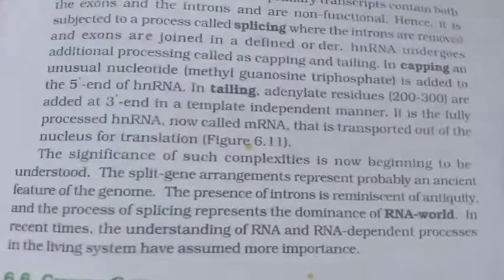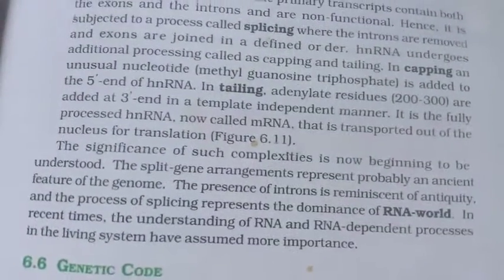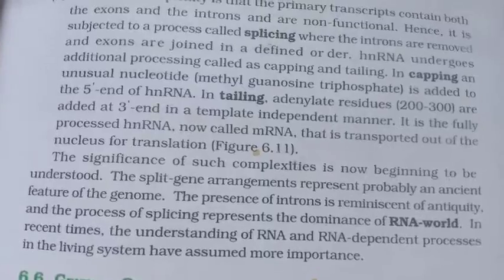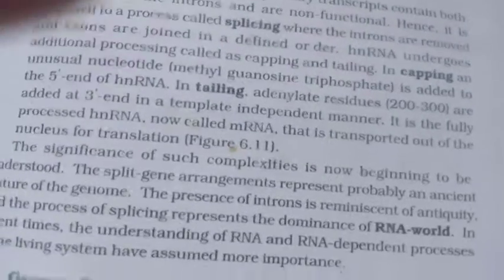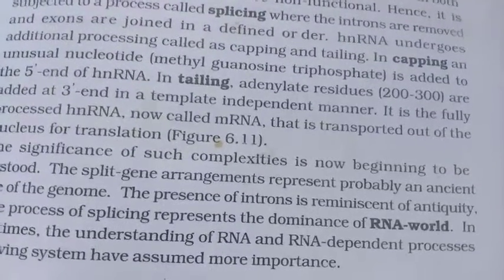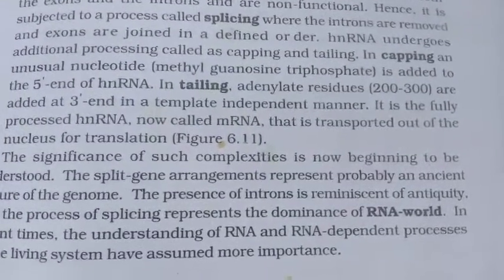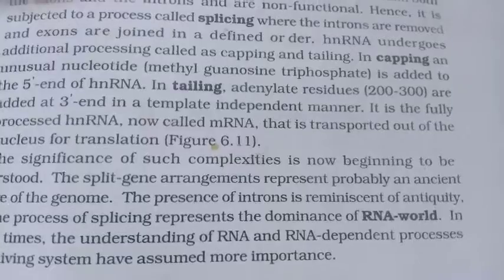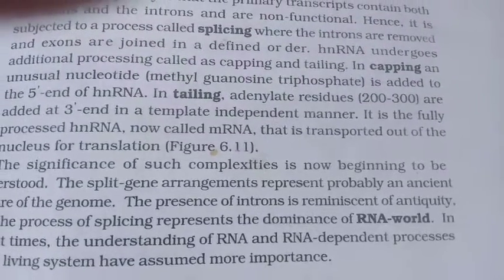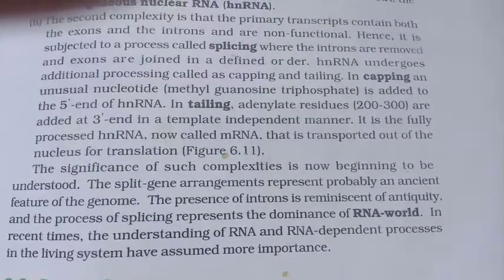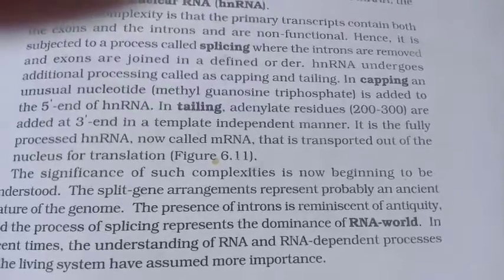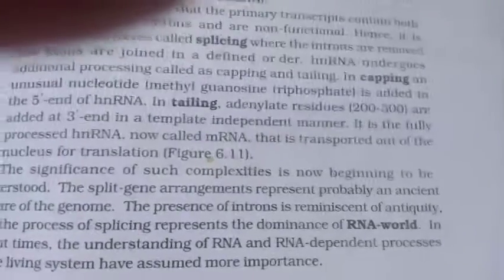The significance of such complexities is now beginning to be understood. The split gene arrangement probably represents an ancient feature of the genome, and the presence of introns is reminiscent of antiquity, and the process of splicing represents the dominance of the RNA world.